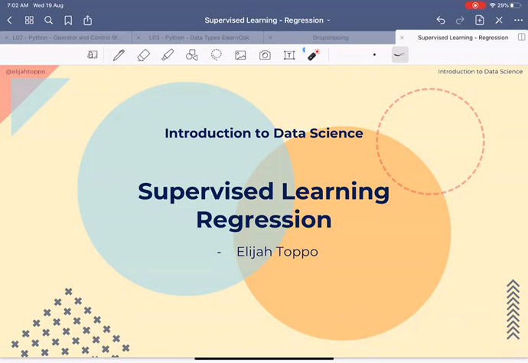Okay, so just to summarize our journey so far, we have been looking into supervised classification learning in the last few classes. We saw what is supervised machine learning. We saw one of the categories of supervised machine learning is classification and the other is regression. Classification is the idea where we are trying to predict categorical features.